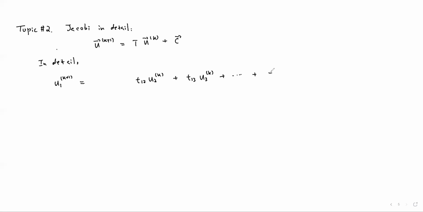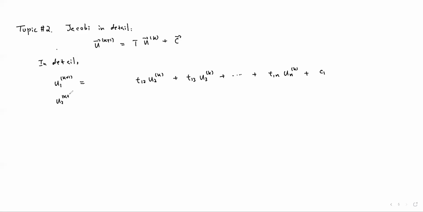And then T1N, UN. UN is the last entry of this vector. Then plus vector C, the first entry, C1. Okay, plus C1.